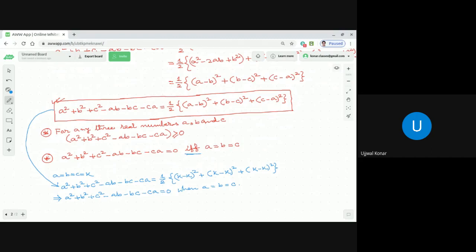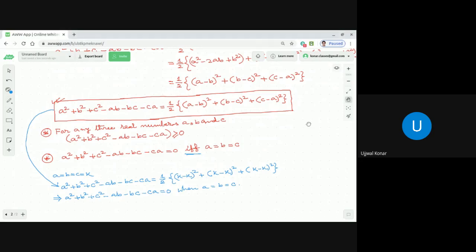Always remember that one more conclusion we are drawing from here is about three real numbers x, y, z. The square of these three real numbers is always greater than or equal to 0.